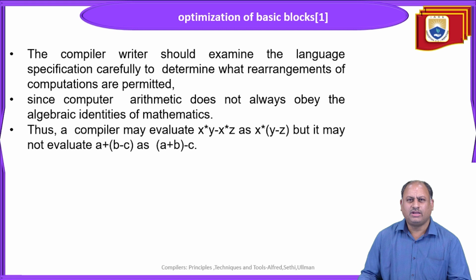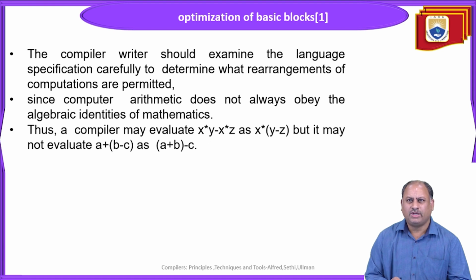The compiler writer should examine the language specification carefully to determine which rearrangements of computations are to be permitted, since computer arithmetic does not obey the identities of mathematics. So we sometimes evaluate expressions such as arithmetic operations involving star, plus, minus.